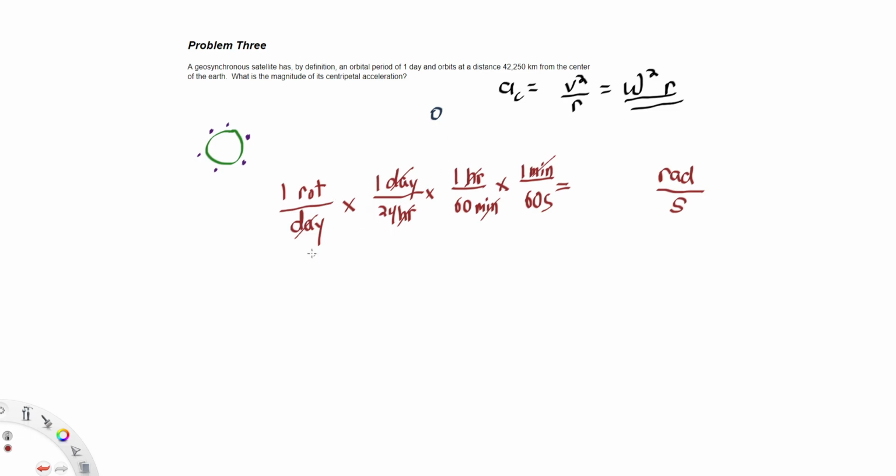We do have to fix up our numerator though. And for that, we know that there are 2 pi radians in 1 rotation by definition, right? Because a circle has 2 pi radians in it. And at this point, our conversions are completed.